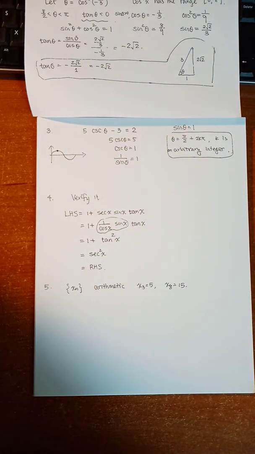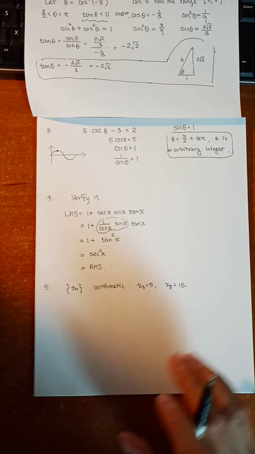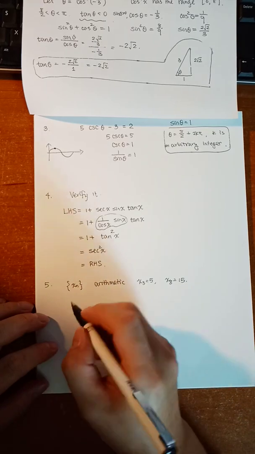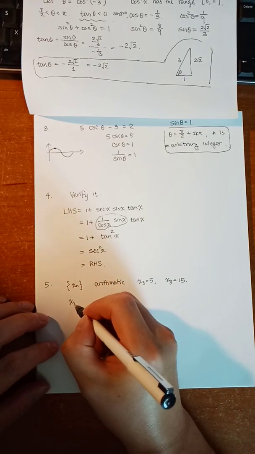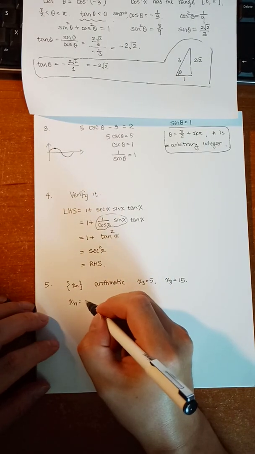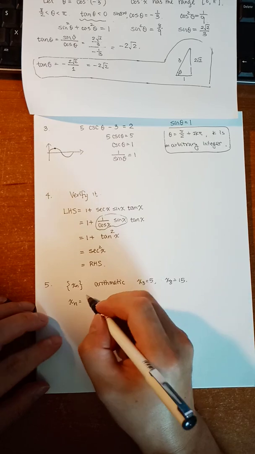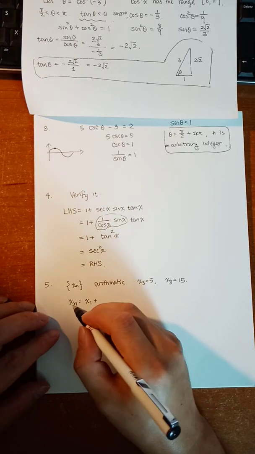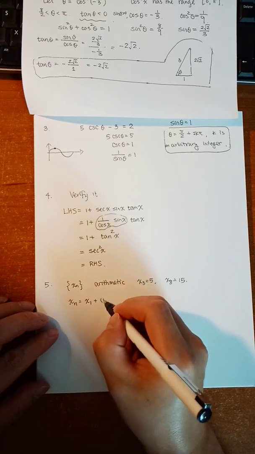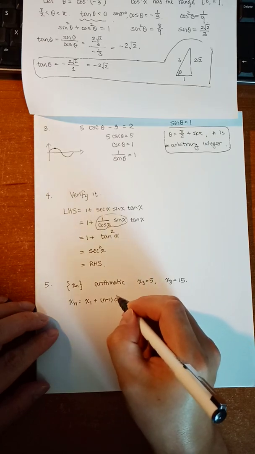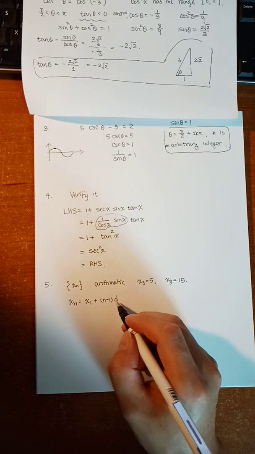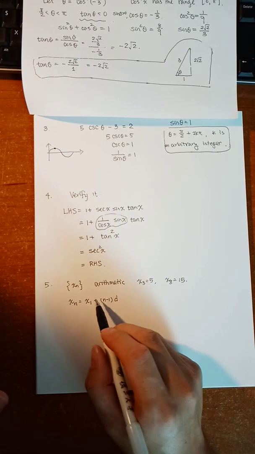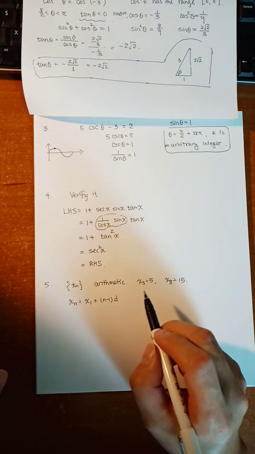We also know that whenever you have xn, if the first term is x1, then xn is always equal to x1 plus n minus 1 times the common difference d. So this is always the case.